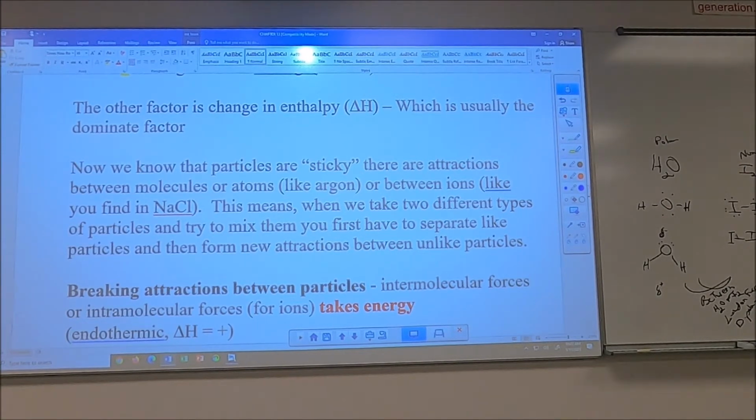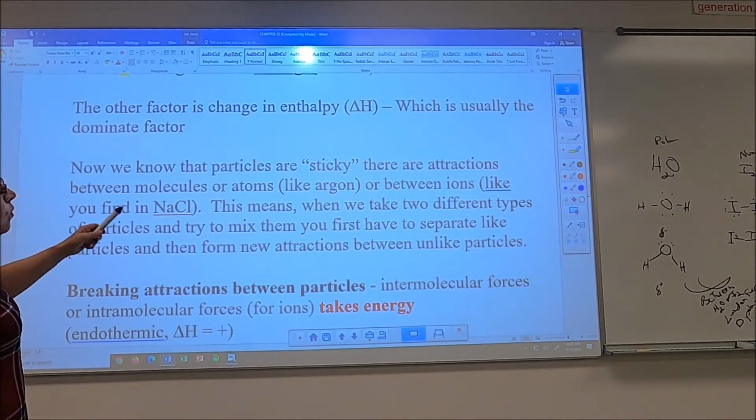Exothermic means that it's releasing energy to the system. And whether enthalpy increases or decreases depends on whether we're making connections between atoms or particles or we're breaking connections. Okay? When we break connections, we have to absorb energy. When we make connections, we release energy.